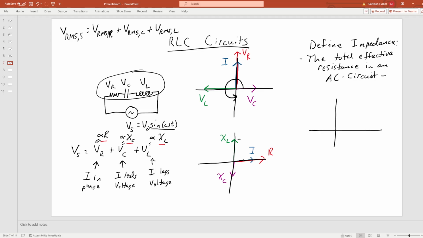So if our reactances and our current and resistance are along these axes as shown, then we can make a total reactance by the vector sum of our chi sub L and chi sub C. But since chi sub C is always going to be opposite chi sub L, then the vector operation is to subtract these.